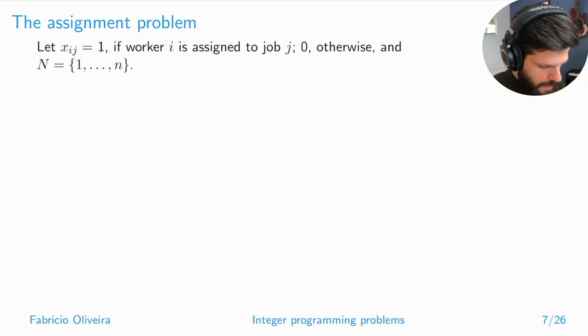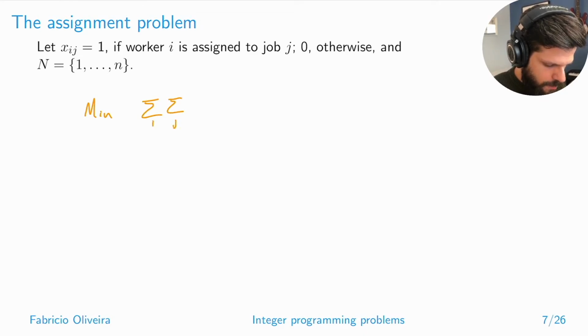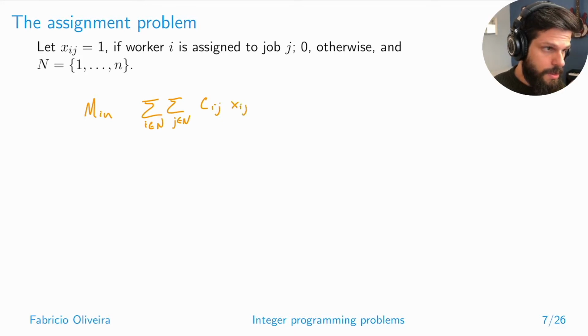So that said, I'm going to minimize the sum over i in N, j in N of Cij xij. So this is the total cost of the association I'm making.